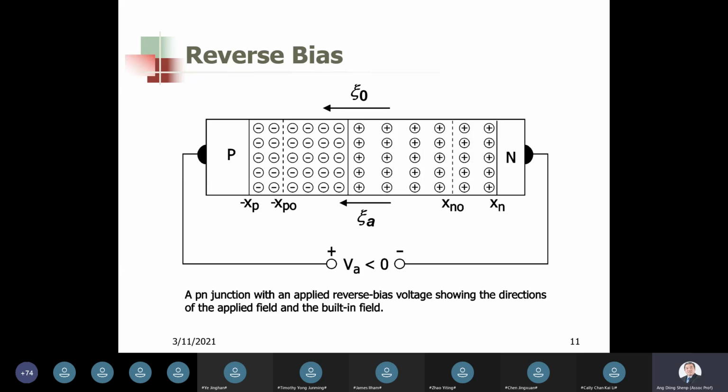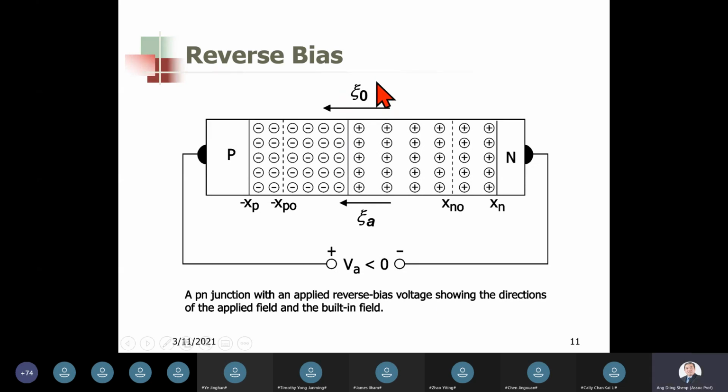All right, so because of this, the diode cannot conduct a large current under reverse bias condition. However, there is still a very small current that can flow across the junction, and I'll come to this shortly.